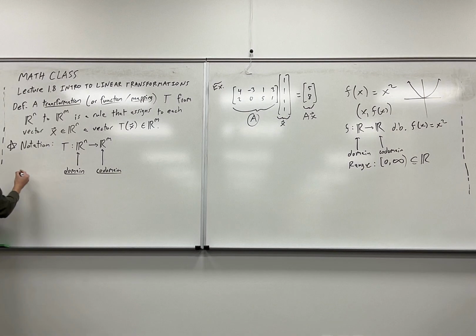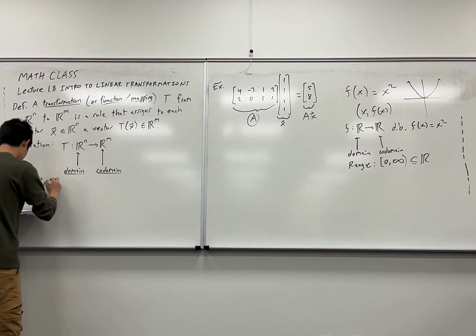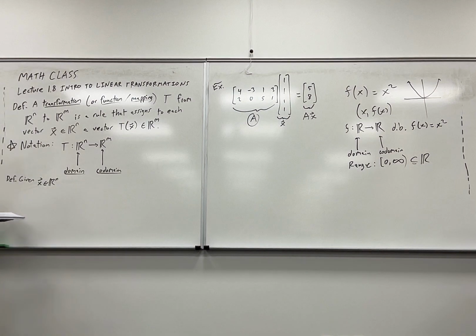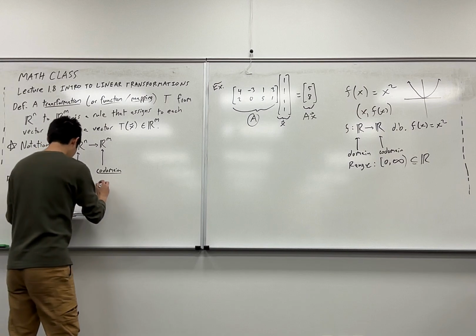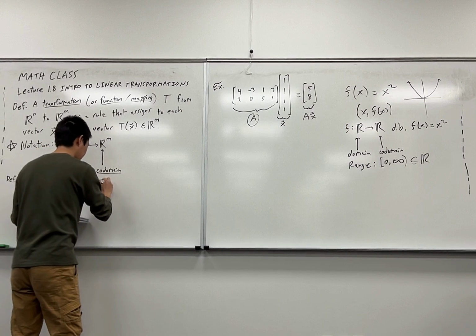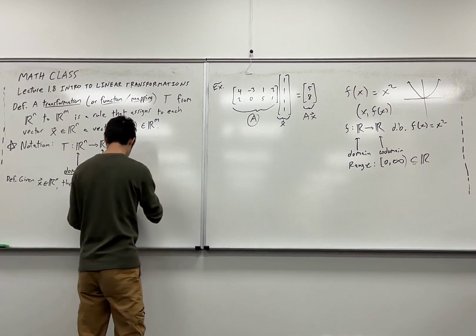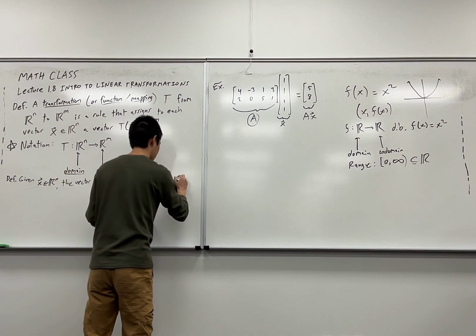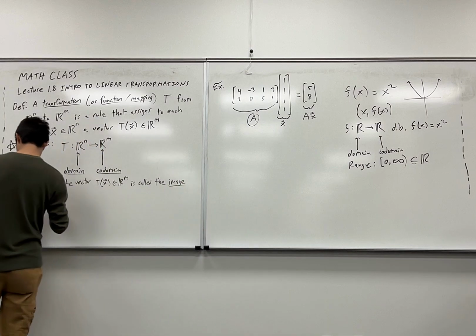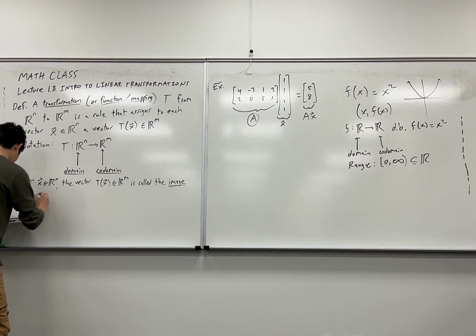So given some x in our Rn set, the vector T of x in Rm is called the image of the vector x under T.